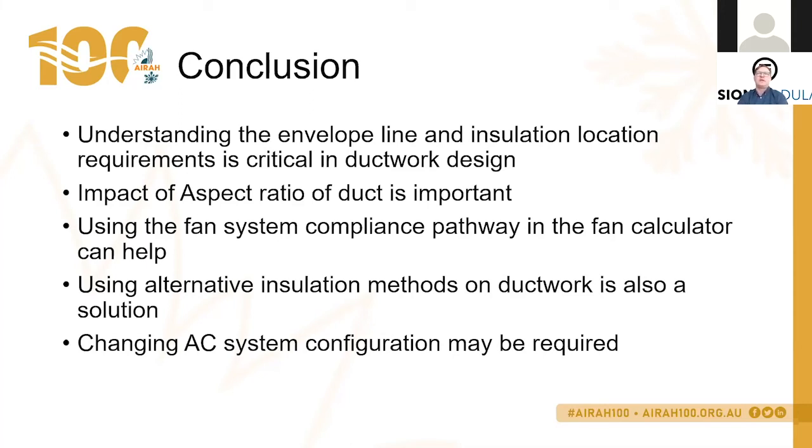However, there would be some instances where space B's air conditioning may be off. So to reduce the energy loss, the insulation is required on that ductwork going through space B because sometimes space B may not be air conditioned. So that's what that's about.